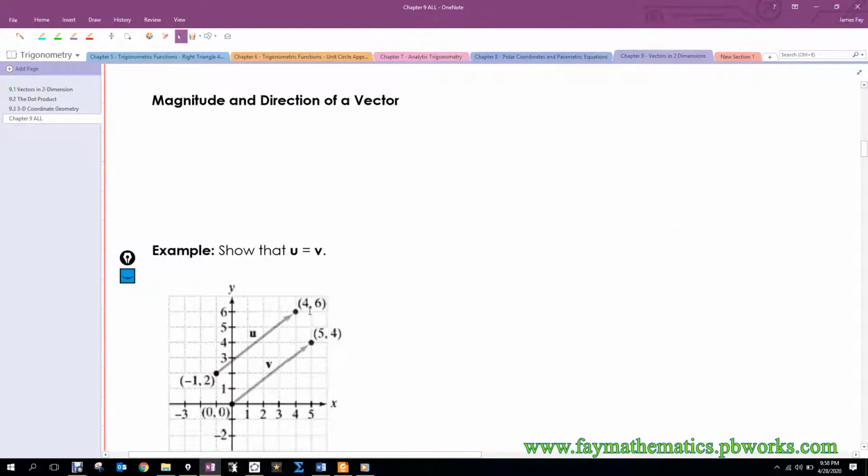So that being said, when we talk about magnitude, the magnitude is going to be the length of the vector. So magnitude equals length of the vector. Okay.